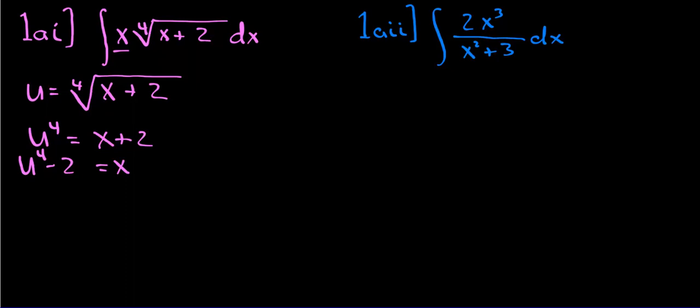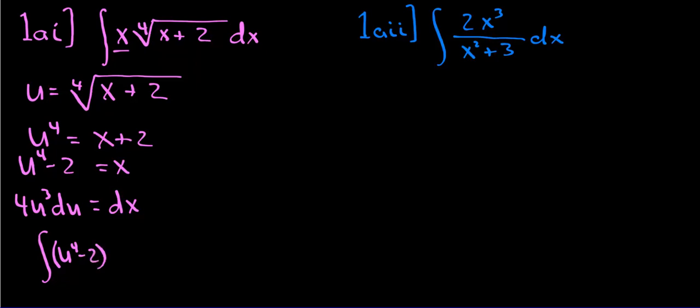Now let me find something for the dx. So I'm going to implicitly differentiate. So I've got 4u to the third du equals dx. Now I can put everything in. So here we go. I've got, in place of x, u to the fourth minus 2.